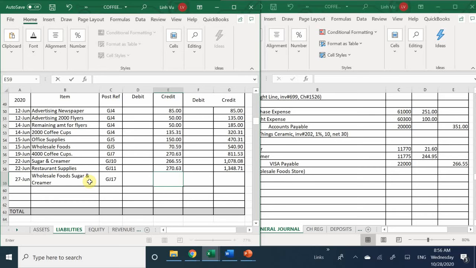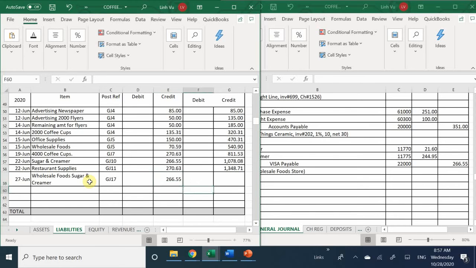Oh, I moved ahead then. So we're on Visa Payable right now, right? Your total for creamer is $244.95. You forgot to include the $21.60 for the sugar. Oh, the total amount. Yeah, 266.55.